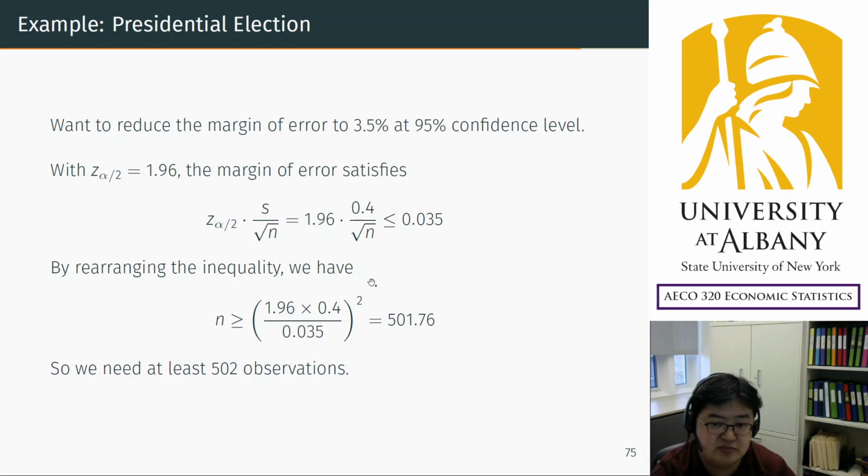Rearrange and do simple algebra, then you get 501 point something. That means you need at least 502 observations, the minimum natural number satisfying this inequality. So if you collect this much data, then you can make the margin of error 3.5%.